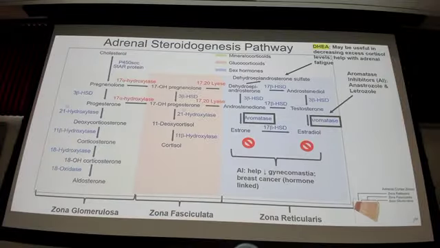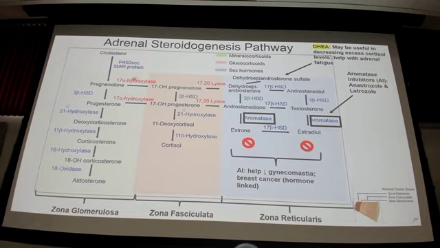All right. This is a big pathway, but we're going to break it down. So remember, this is the pathway for steroidogenesis. We talked about how cholesterol is the precursor for all steroid hormones.